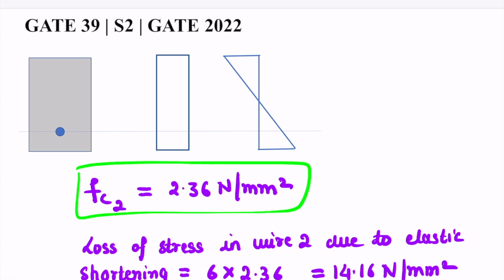Now let us calculate the loss of stress in wire 1 due to elastic shortening. So as I've told earlier also, the loss of stress in wire 1 will be both due to stretching of wire 2 and wire 3. So loss of stress in wire 1 will be due to total of force P2 and force P3.